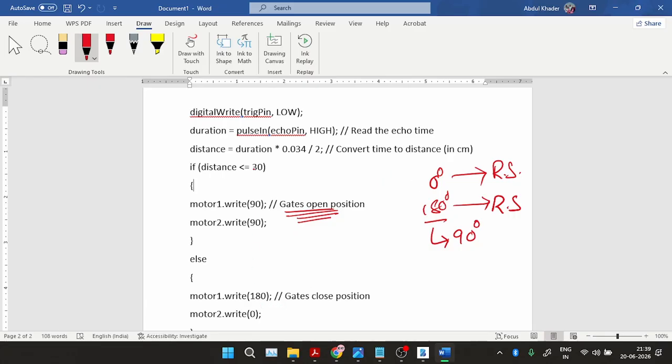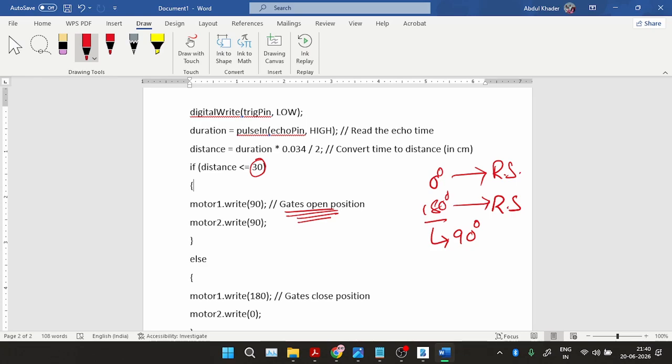If the train is at a distance of more than 30 centimeters from the ultrasonic sensor, that means there is no train, and you won't receive any echo signal. I might have written the condition a little bit wrong here.